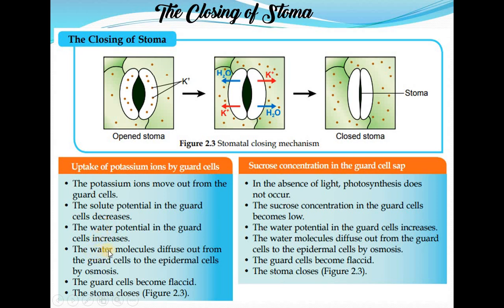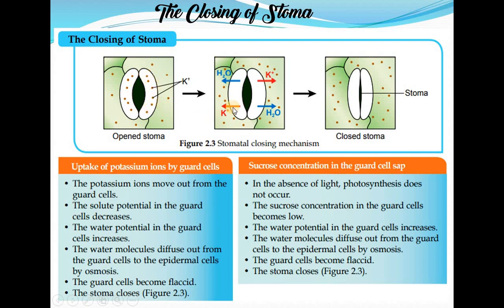Then the water molecules diffuse out from the guard cells to the epidermal cells by osmosis, and the guard cells become flaccid, menjadi lembik. And then the stoma will close. As you can see from here, this is potassium ion.